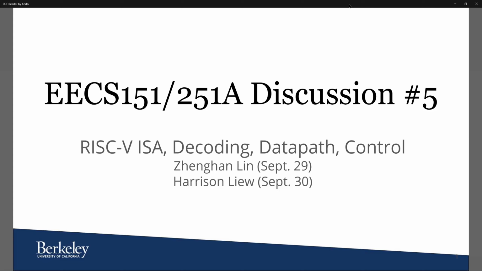However, you need to understand beyond that some of the design choices behind why Risk 5 is the way it is, and also how all the different parts in the data path and the control logic interact with each other, and even more so how they currently don't interact with each other and could, so that you can enable custom instructions that you want to accelerate certain tasks.